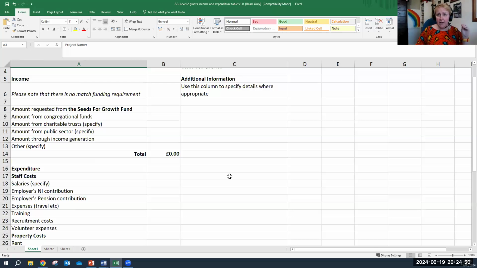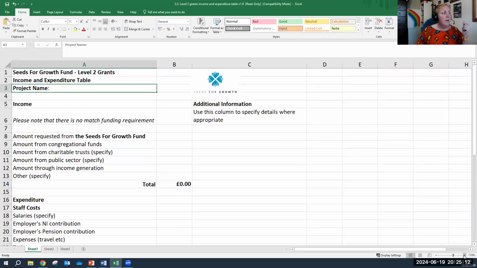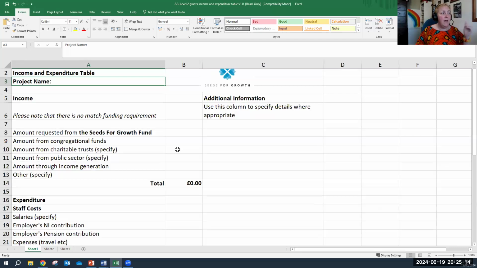You'll also see that there's an income space, because we might not be the only place in which you're getting resources. So amount requested from Seeds for Growth Fund, you put in there, but then you might be getting some money from the congregational funds, in which case put what you're aiming to get in there. You might be getting something from another charitable trust. We'd like you to put that in there.